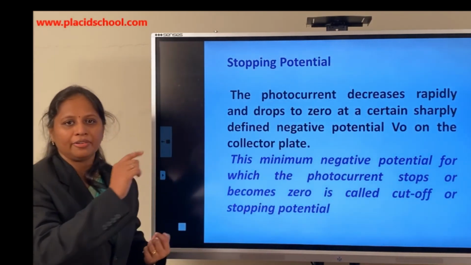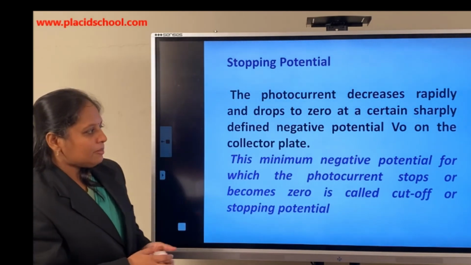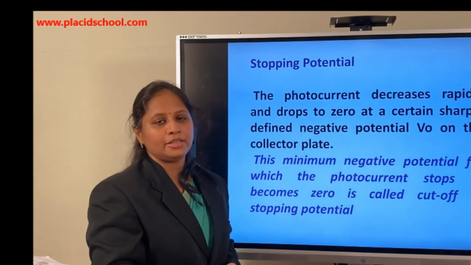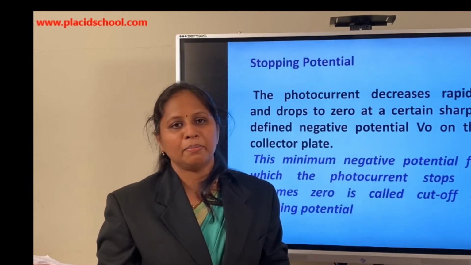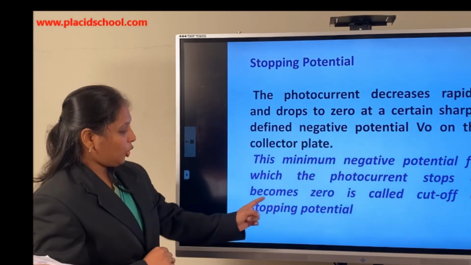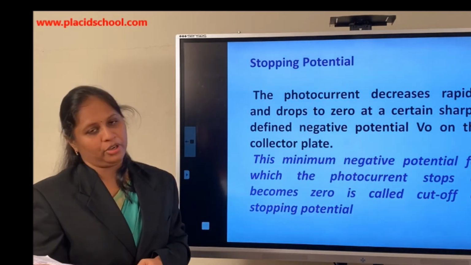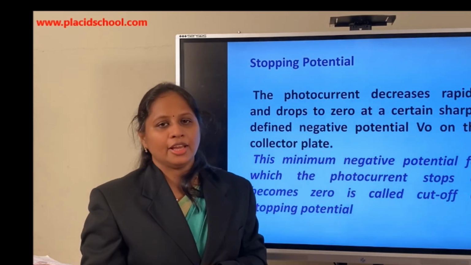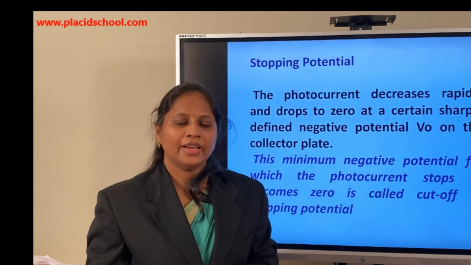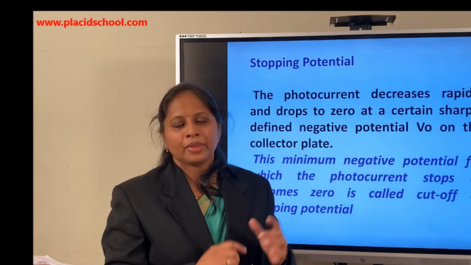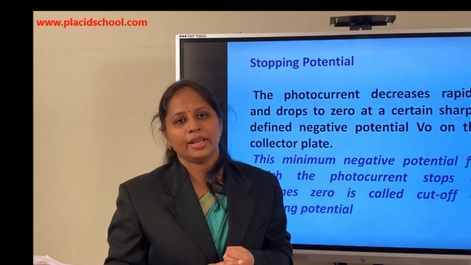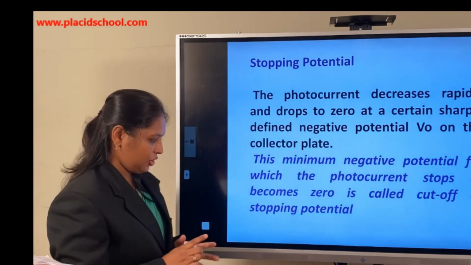We mark it on the graph as V0, and this minimum negative potential of the collector plate for which the photocurrent completely stops or becomes zero is called stopping potential or cutoff potential. By studying the variation of photocurrent with the collector plate potential, we have learned two important terms: one is saturation current and one is stopping potential or cutoff potential.